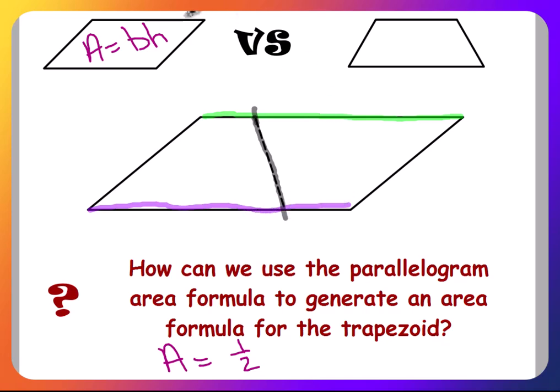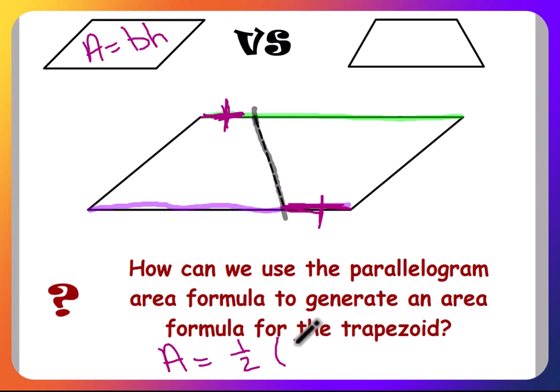But did you notice that the size of this base right here, the part that got cut off, is the same length as this part of the base up here? It is. So we can add these two bases together to get the length of the full base of the parallelogram, which is what we need for our trapezoid.